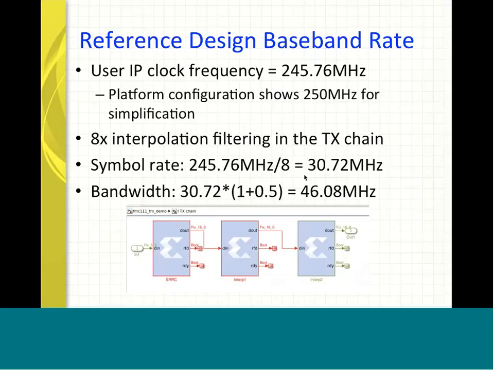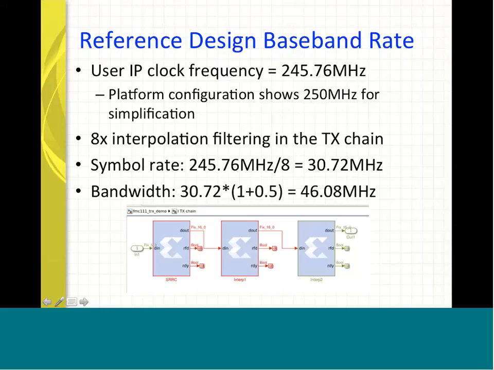The data being presented from the FPGA to the digital to analog converter is actually still 245.76 megahertz, although there is an internal 2x interpolation in the DAC.